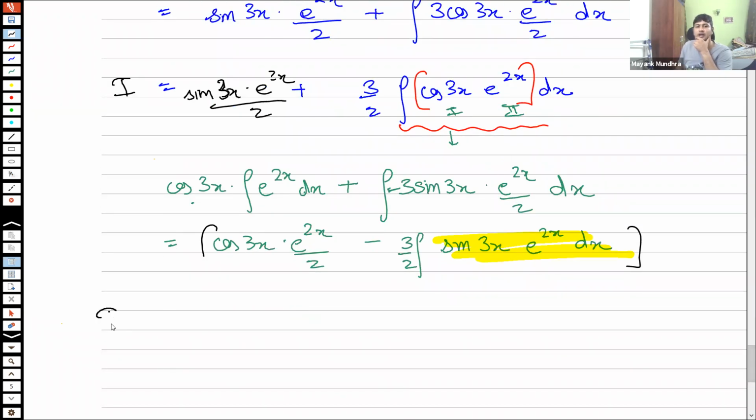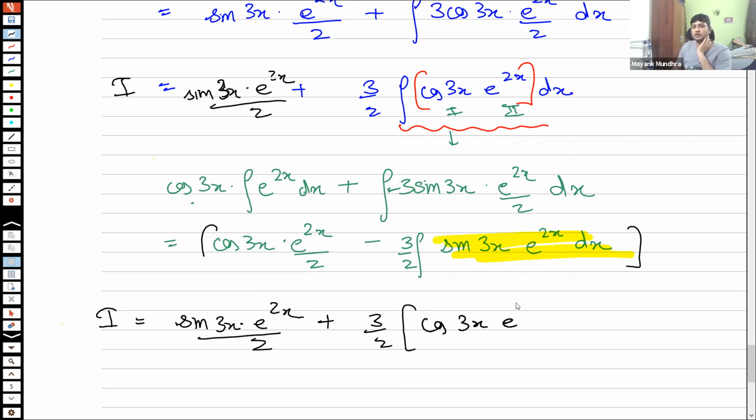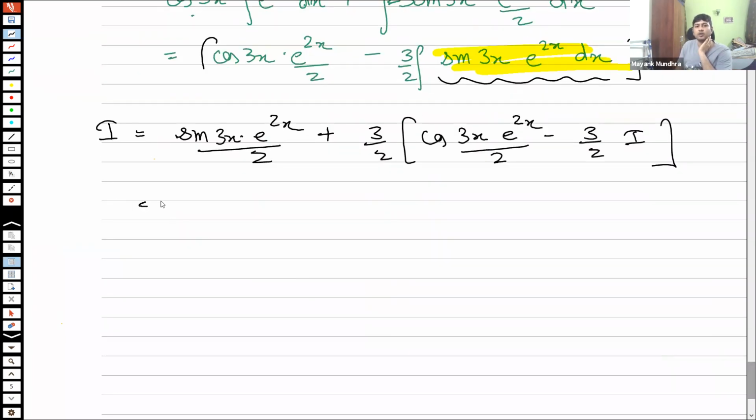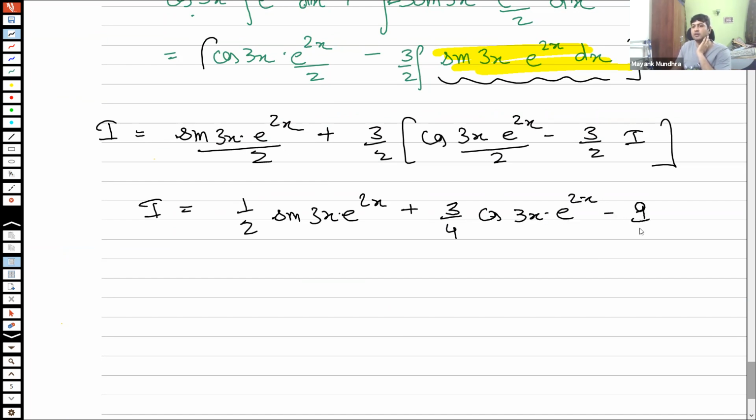So I is equal to sine 3x into e to power 2x by 2 plus 3 by 2 times, this red part became cos 3x into e to power 2x by 2 minus 3 by 2 times, this thing inside is basically I. So what I have is I is equal to 1 by 2 sine of 3x e to power 2x plus 3 by 4 times cos of 3x into e to power 2x minus 9 by 4 times of I.